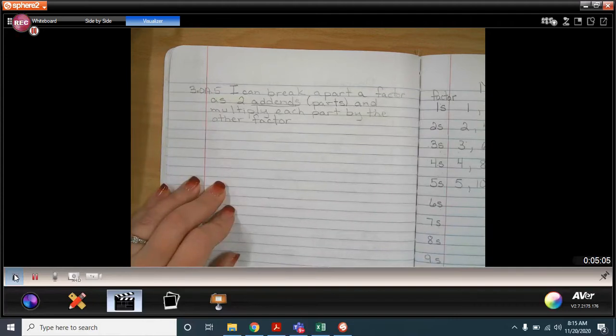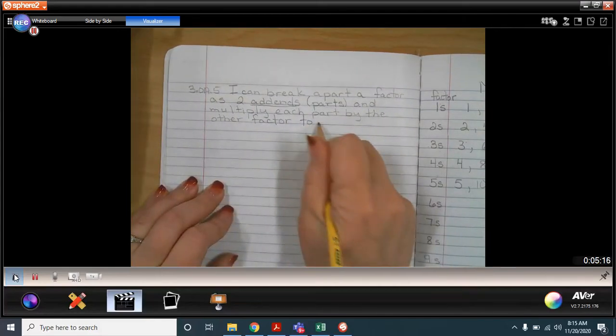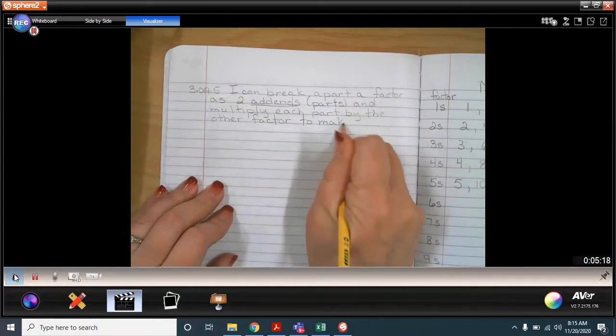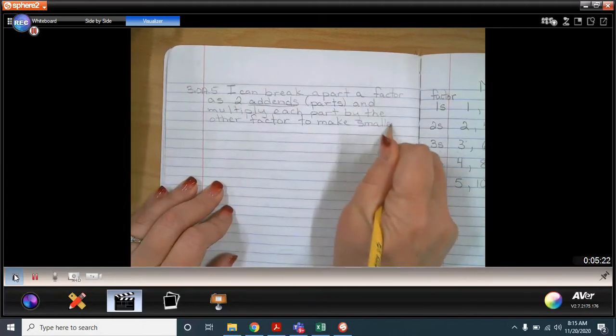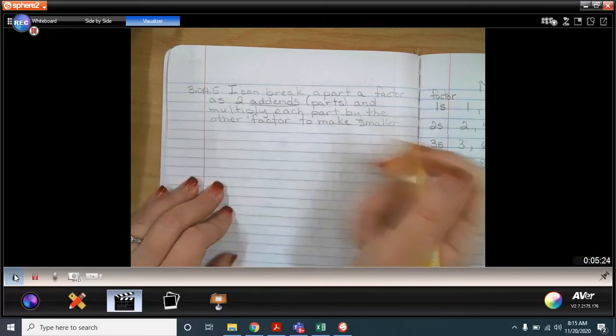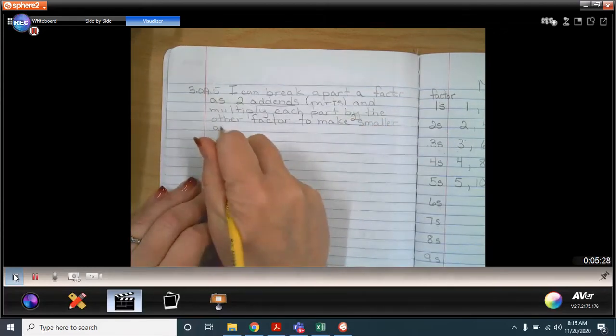If we break up the second factor, we're going to use those and multiply it by the first factor. By the other factor to make smaller arrays, or actually two smaller arrays.